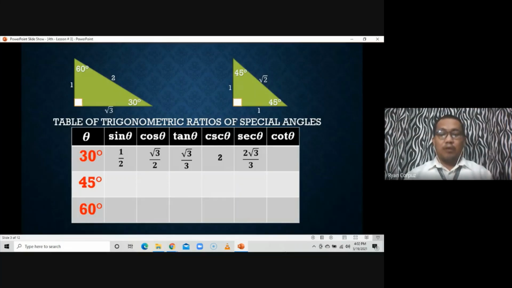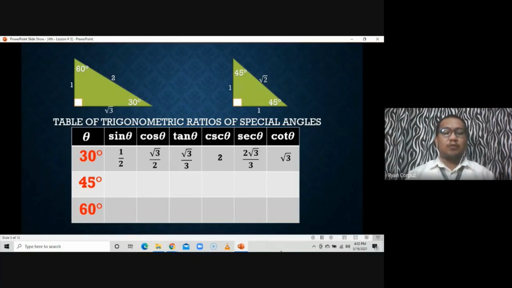Kung 1 over square root of 3 ang tangent, so get its opposite, so interchange the position, we'll come up with square root of 3 over 1 or simply square root of 3. So, nakuha na natin yung trigonometric ratios of special angle na 30 degrees. So, kompleto na natin yon with the help of this right triangle here na 30, 60, 90 special right triangle.